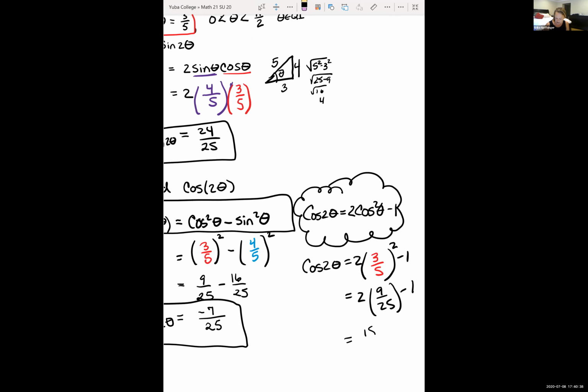So 18/25 minus 1. But I need a common denominator in order to do this. So the common denominator is 25. So notice 18 minus 25, that's -7 all over 25, which is cosine of 2 theta, which we found before with the other formula.